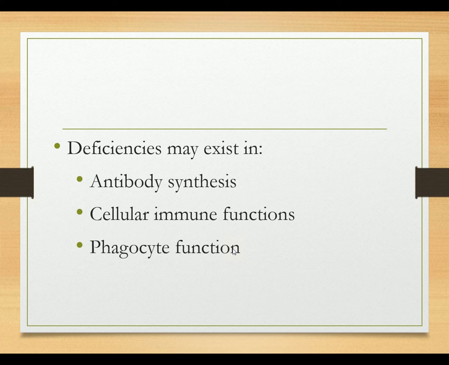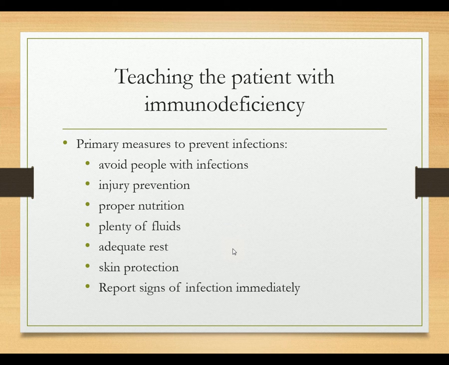Now, we know immunodeficiencies cause a person to be unable to resist or combat potentially harmful substances. So they're very susceptible to infections, malignancies, and other diseases that come along. As far as teaching the patient with immunodeficiencies, we do have primary measures to prevent infections.